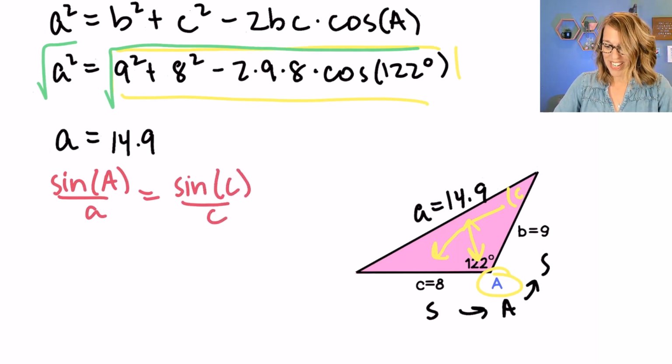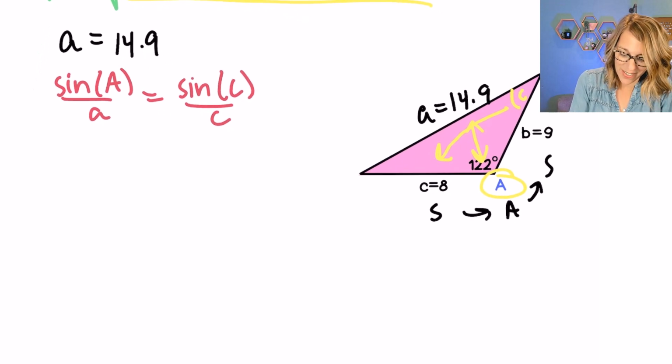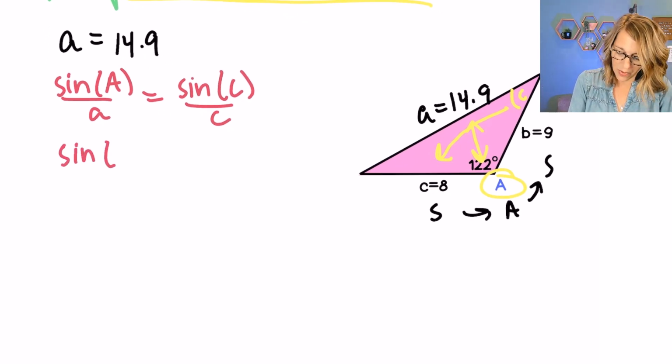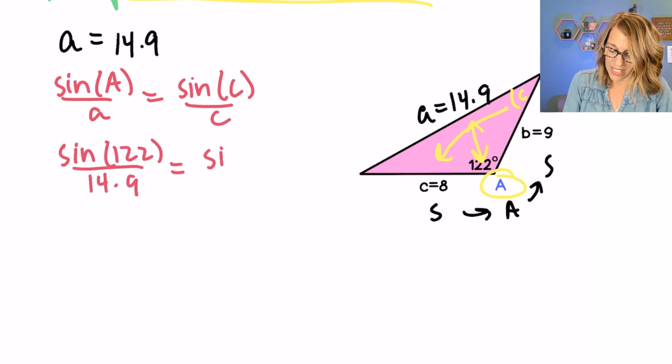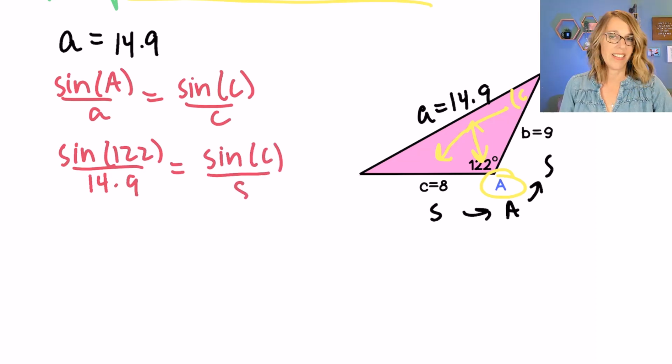Let's go ahead and put in the known values now. That's going to give me the sine of angle A, which is 122, divided by side A. We just found that to be 14.9. Angle C is what I'm solving for, so I'm just going to leave sine of C there, but I do know that the side C has length 8.